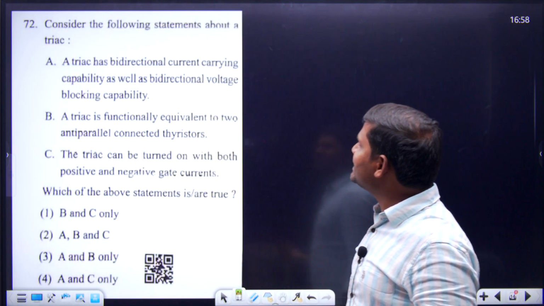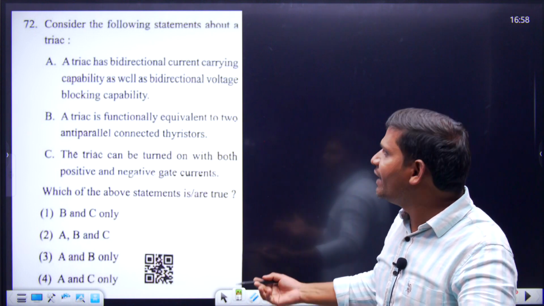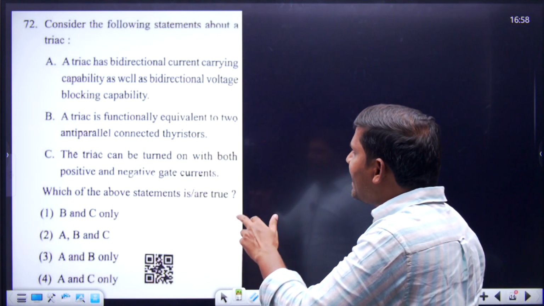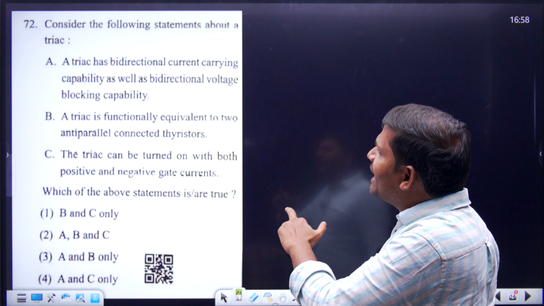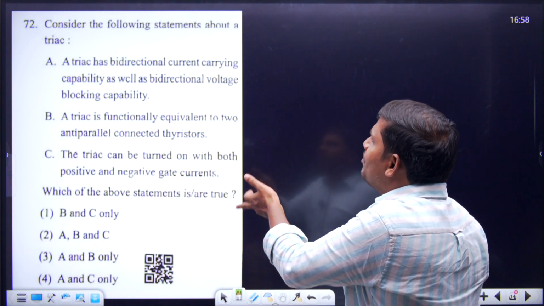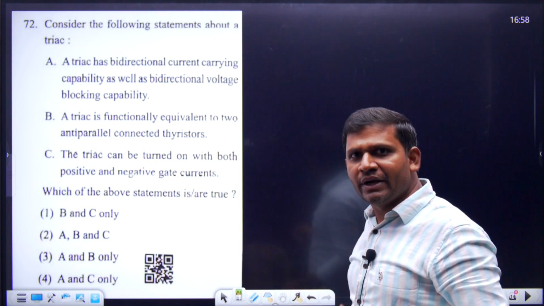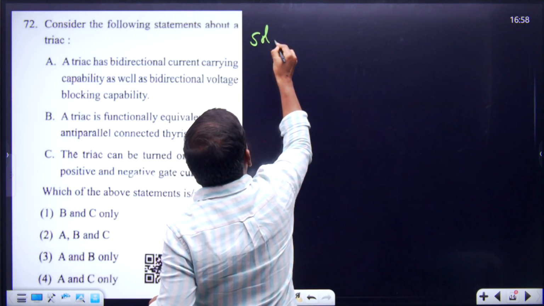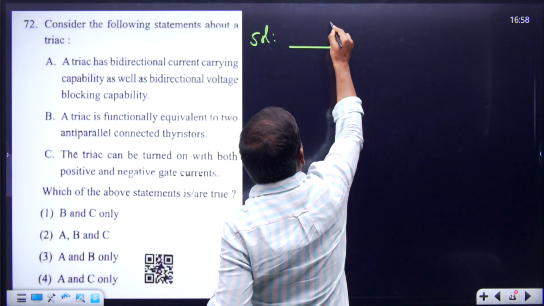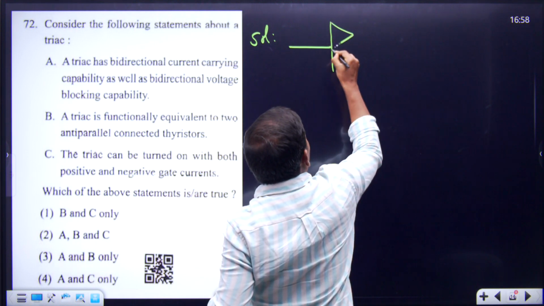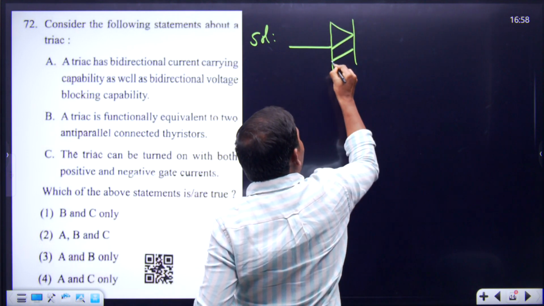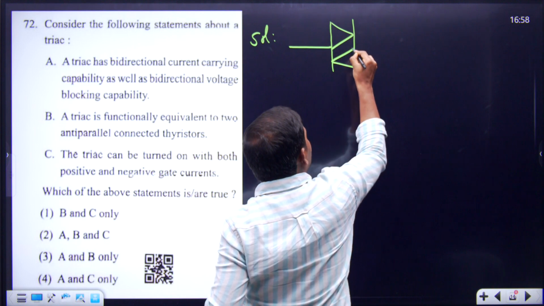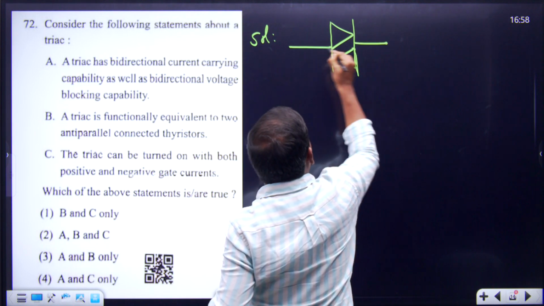Consider the following statement about a triac. It is a very simple question. A triac has bidirectional current carrying capability as well as bidirectional voltage capability. Yes, that is correct. Yes, students, we know that a triac is an anti-parallel connection of two thyristors. You know the symbol.